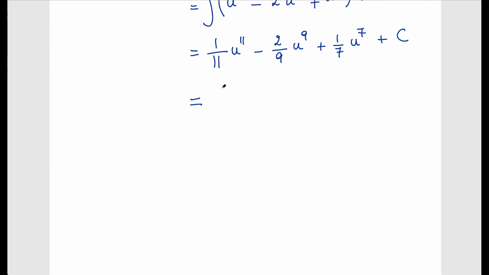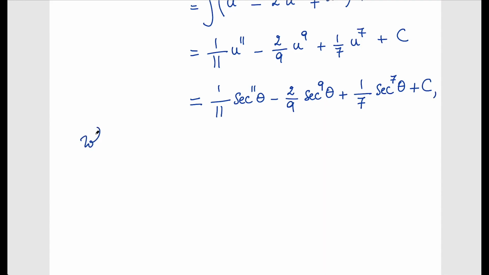So that becomes 1 over 11 secant to power 11 theta minus 2 over 9 secant to power 9 theta plus 1 over 7 secant to power 7 theta plus c, where c is an arbitrary constant. Okay.